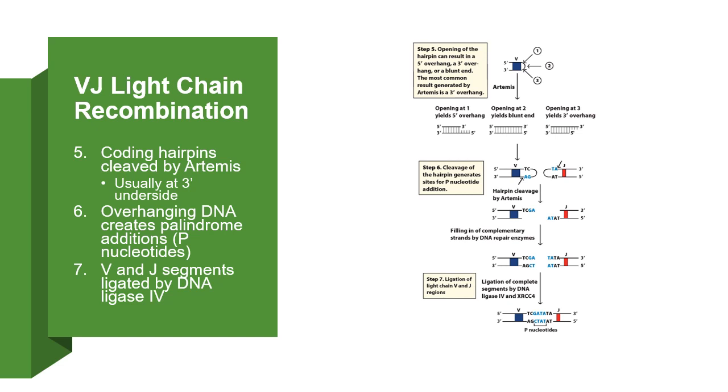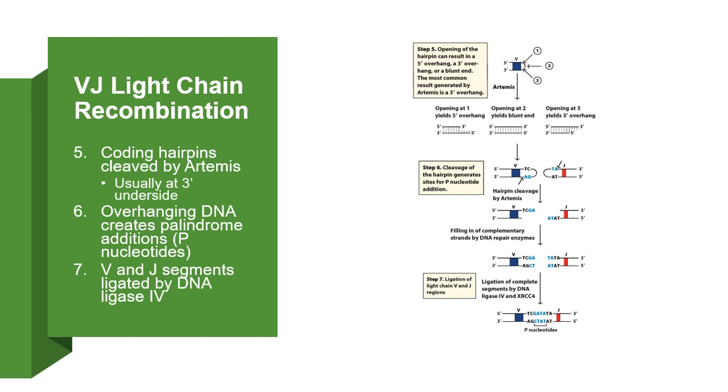So if it does that, you get this outcome where you've got one piece of DNA that's a little bit longer than the other piece of DNA. For that matter, you'd get exactly the same thing that would happen if you used the upper sequence and you cut at the top. It's just a slight difference in positioning and what exactly happens from here. So then you have addition of what are called the P or palindromic nucleotides.